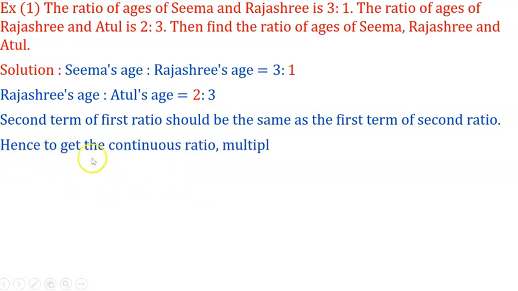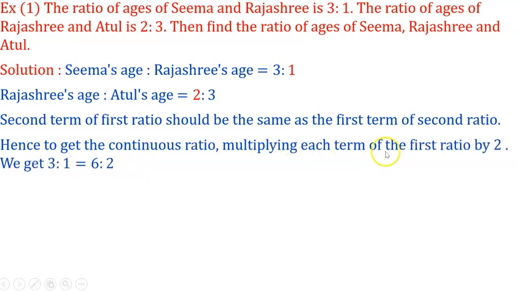Hence, to get the continuous ratio, multiplying each term of the first ratio by 2, you will get 2 into 3, that is 6, and 1 into 2, you will get 2, that is 6 as to 2.